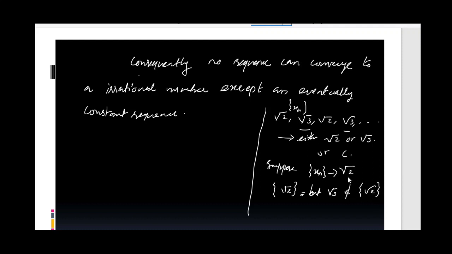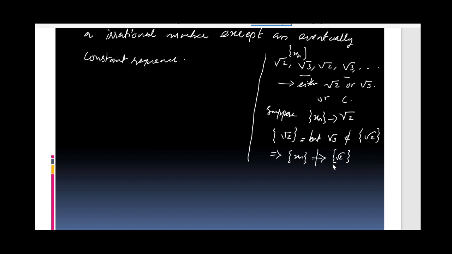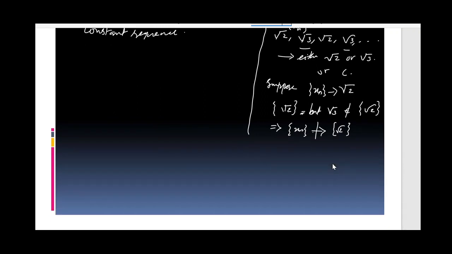So xn cannot converge to root 2. In the same way, it cannot converge to root 3. And if it converges to c, again infinitely many terms lie outside the singleton {c}. So these sequences cannot converge to any irrational number, except an eventually constant sequence. Next, example 8.